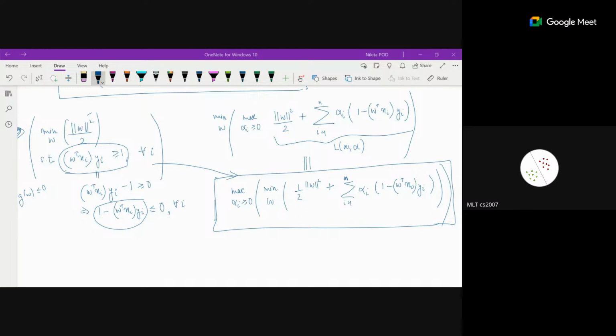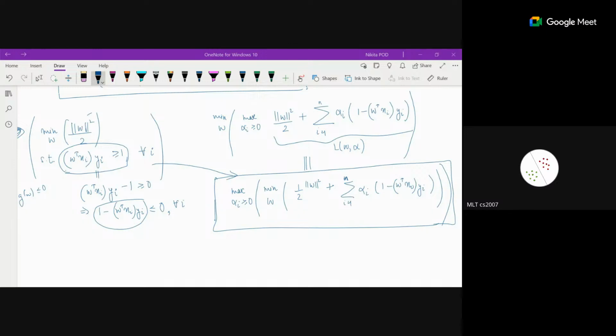So we call it width, and instead of maximizing my gamma, we wanted to maximize my width. And that width turned out to be 2 upon norm of W square. Since we wanted to maximize this, that was equivalent to minimizing norm of W square by 2. So that's how the problem has changed a little here.